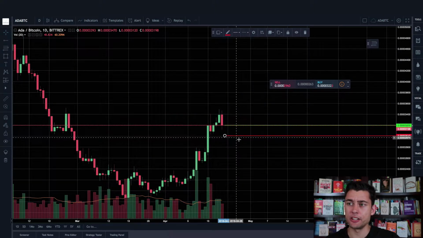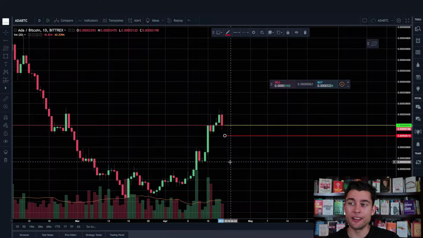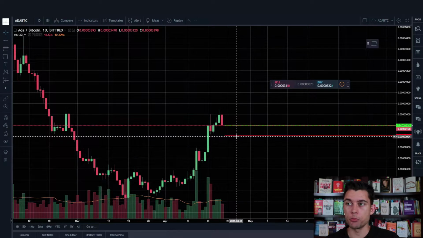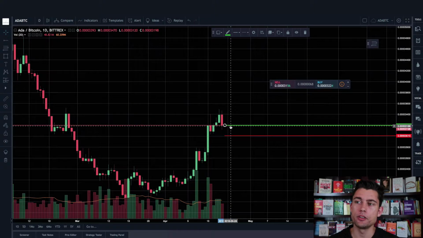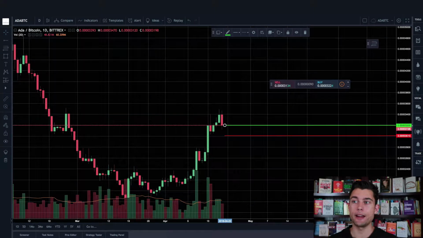Because if it drops down to here, then it's probably going to drop all the way down to here, or maybe here, and you don't want that. So if it comes down to here, this will be your stop limit order, right? So you just bought in at this point, which is around 3200. But you have your buy order right here, and you placed your buy order, it hit. So now you have two choices. You could go back to Binance, right?